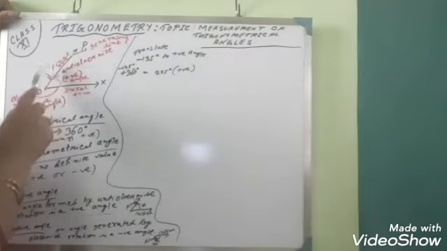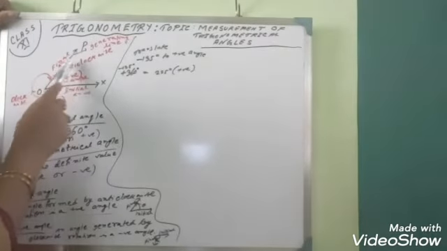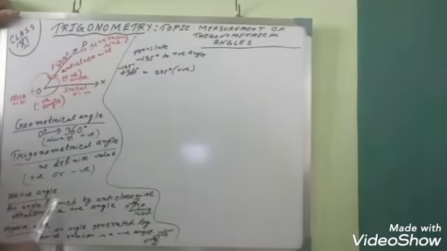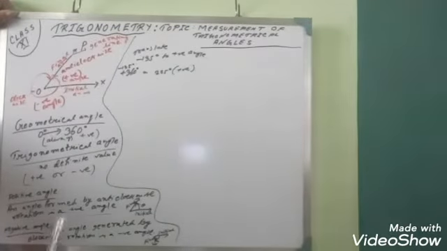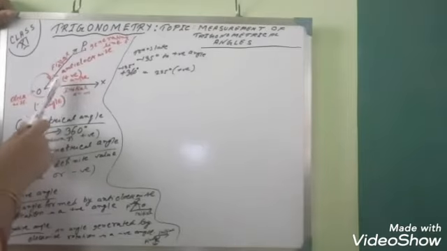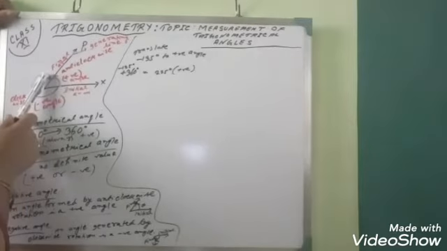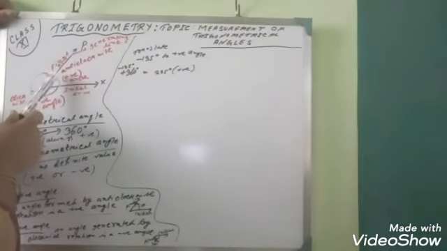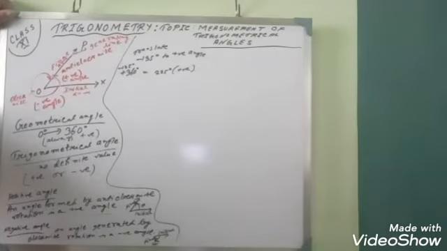So what is the definition? An angle formed by anti-clockwise rotation is a positive angle. From OX to OP, when it moves in the anti-clockwise direction, this is a positive angle.